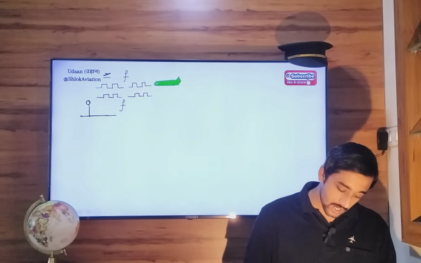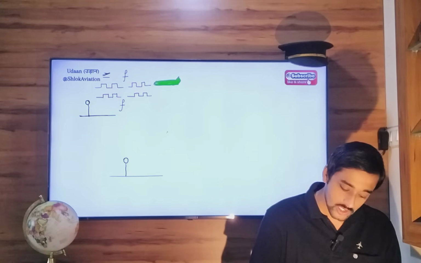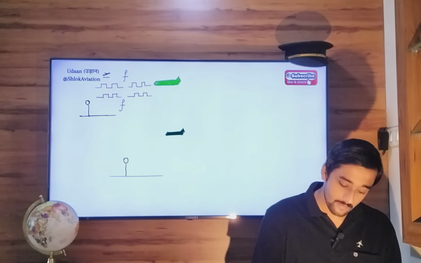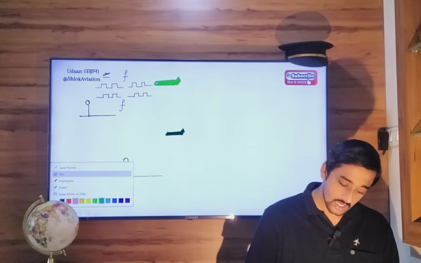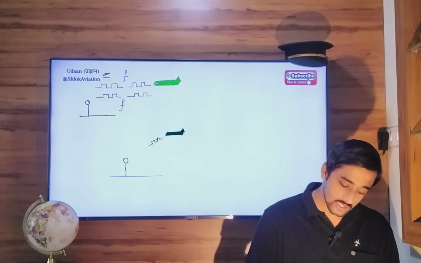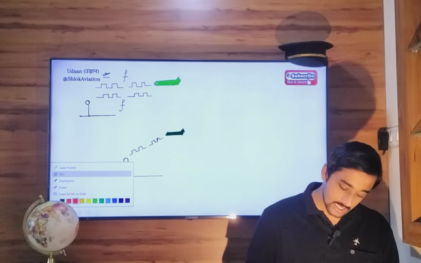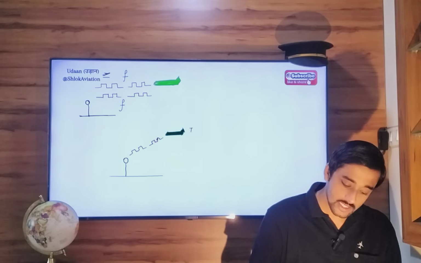In case of secondary radar, let's say this is your radar on the ground. Again, you have an aircraft in the atmosphere. This aircraft will transmit radio pulses in the direction of this radar on the ground. In this case, your aircraft is the interrogator.